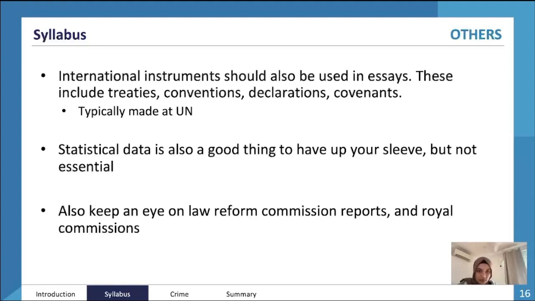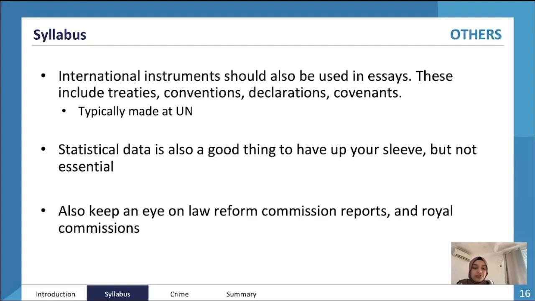So you don't have to, but if you want to take that extra step to go above and beyond, you can definitely see if you could integrate some stats, but you also have to memorize them, so try and make sure that they're not too complex so that you can remember them. Also keep an eye out, as I was saying earlier, on law reforms.